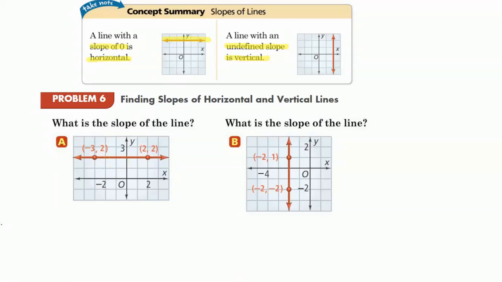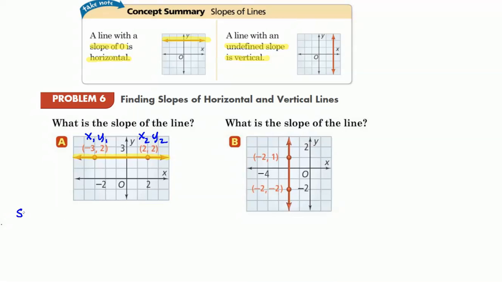So notice that this slope is a horizontal slope. This slope should be 0. But we can also find the slope by using the slope formula, so we can verify it. So I'm going to go ahead and label this as x1, y1, x2, y2.